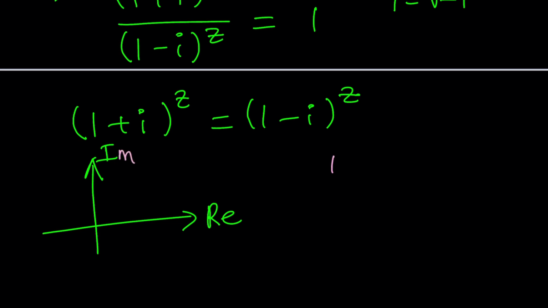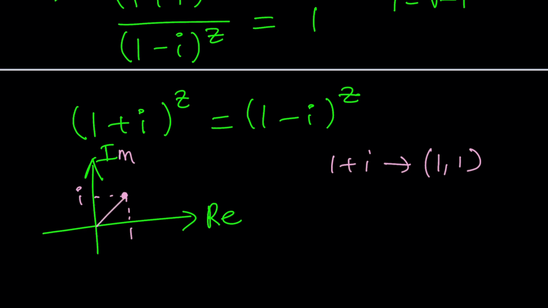For example, 1 plus i would be considered like (1, 1). It's going to look like this. 1 unit here and 1 unit here. And then this point represents the number.